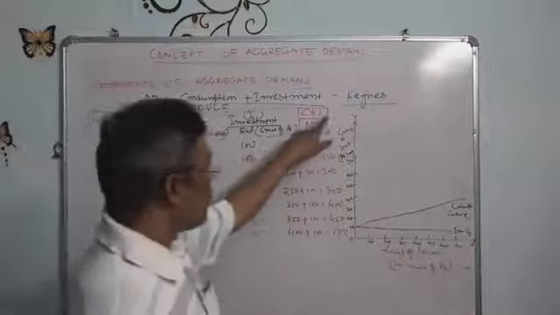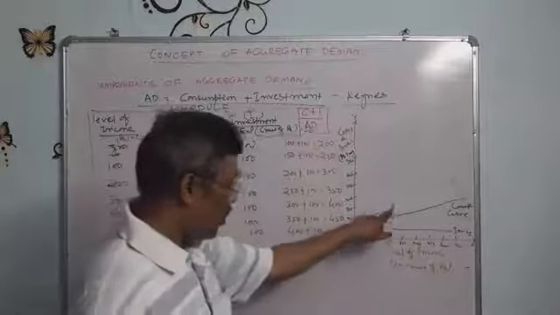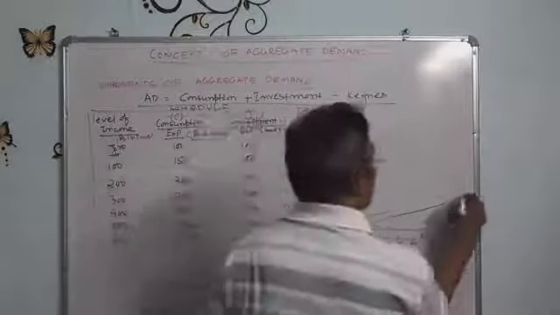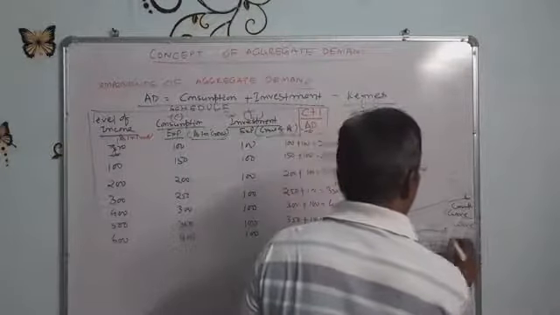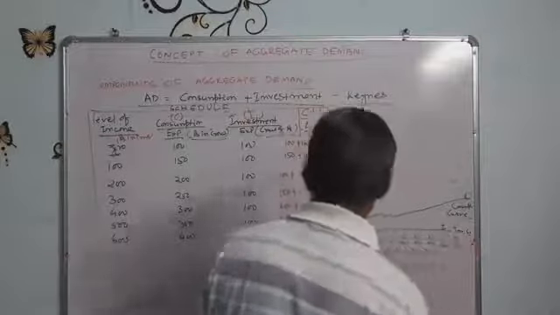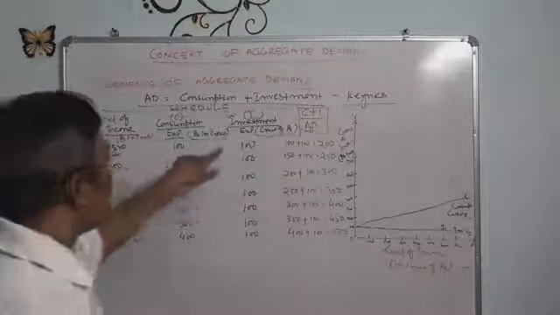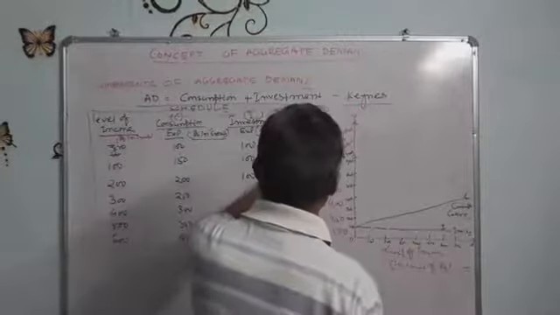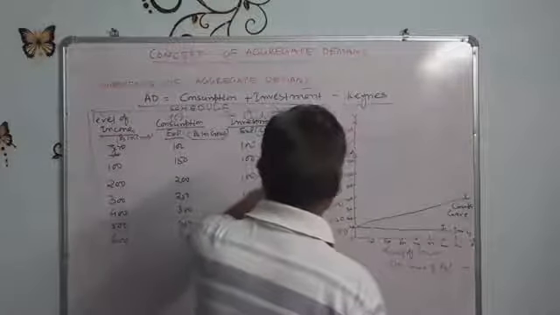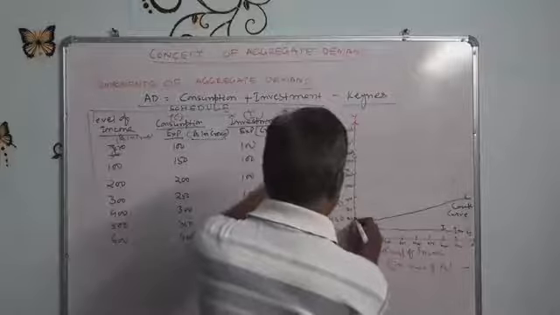AD equals C plus I, consumption plus investment. Suppose this is C and this is I. Zero level of income, total consumption plus investment equals aggregate demand 200.